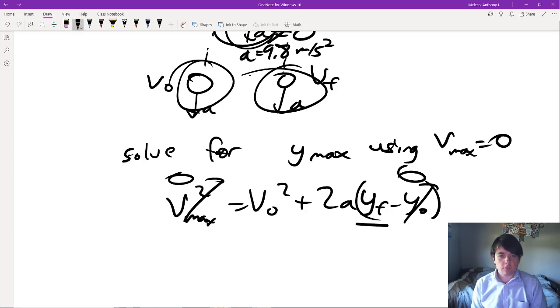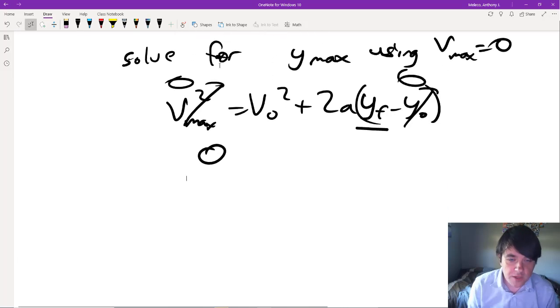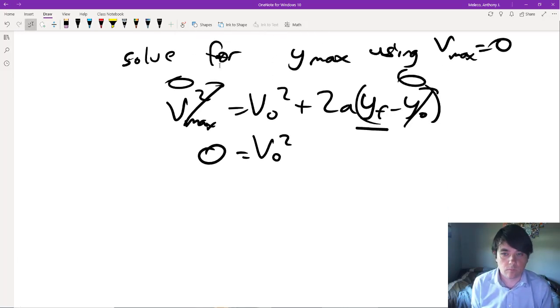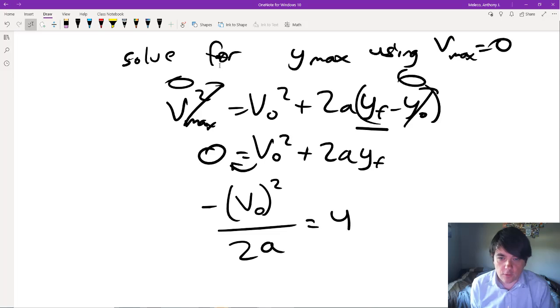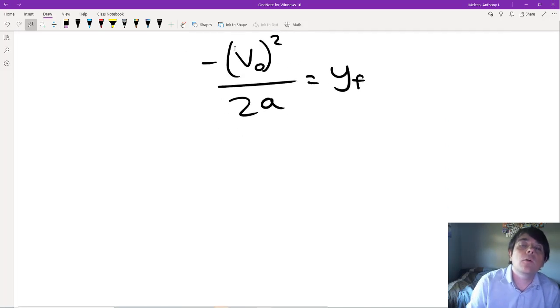So we have 0. And this is a technique we'll also use during two-dimensional motion. So we're going to subtract this over. And remember, from the previous example, you want to keep the negative on the outside. To A, sorry.